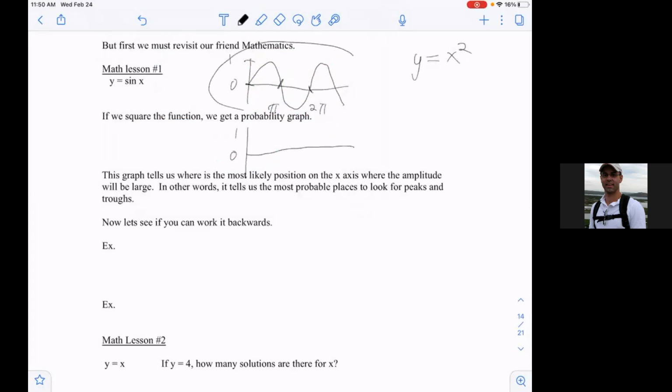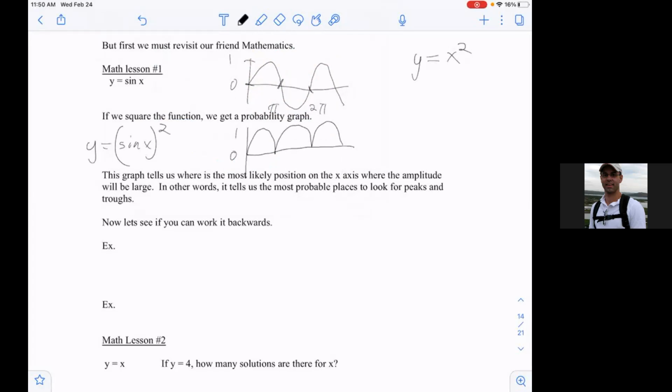So if I take this graph, actually, let's write the math. If I square that, if I square sine x, what does it do to my graph? Makes everything positive, okay?